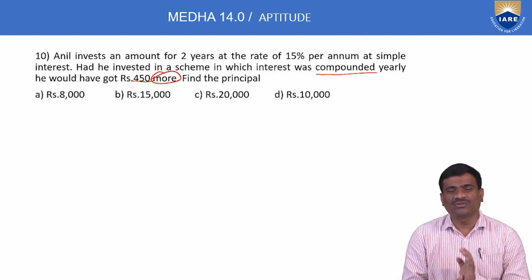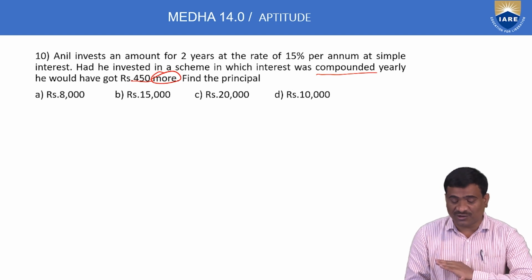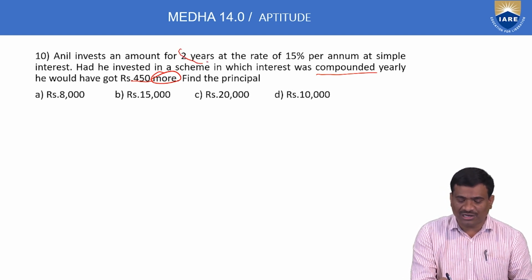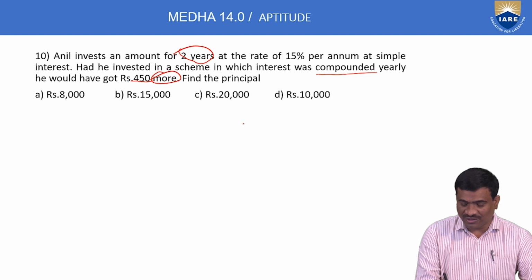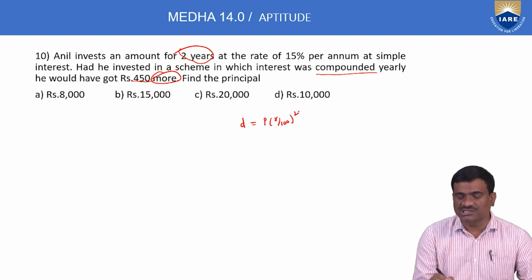We know the difference for 2 years, time condition given 2 years, formula D is equal to P into R by 100 whole square.